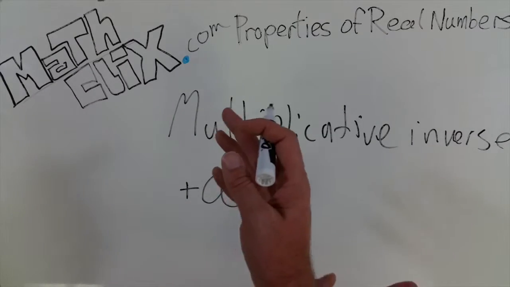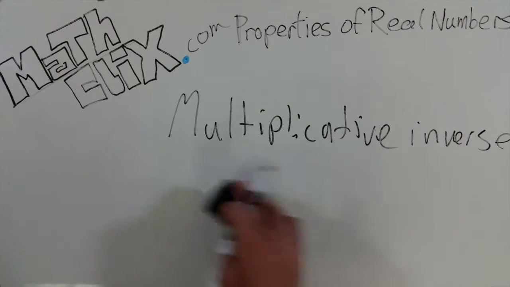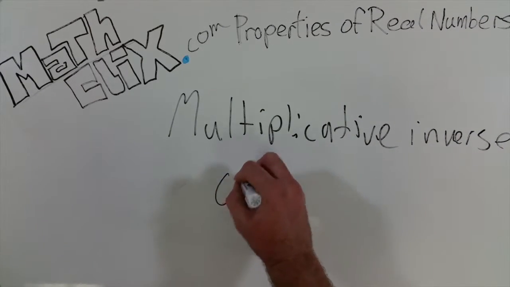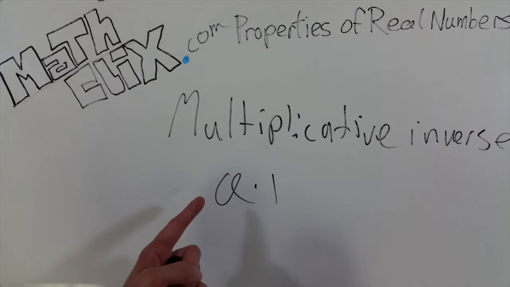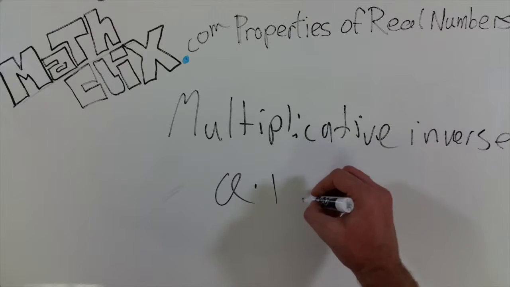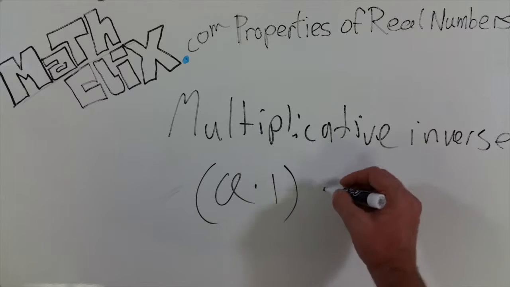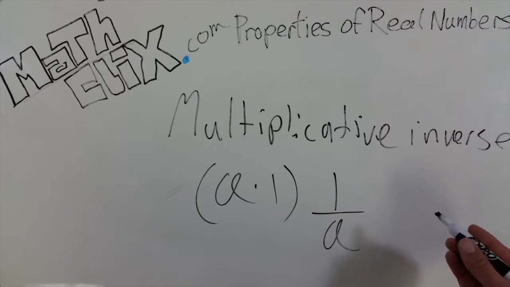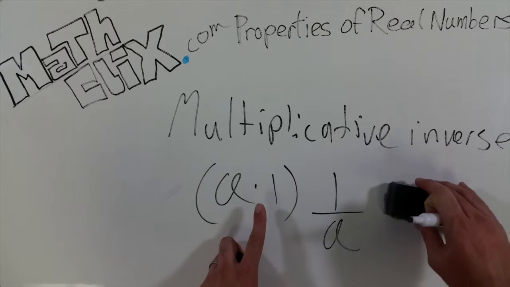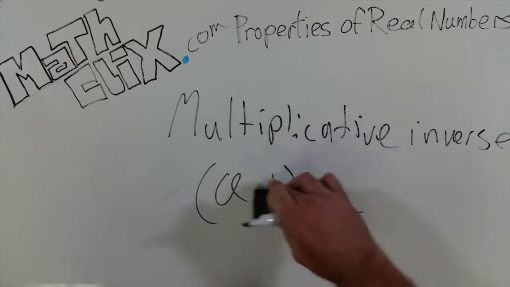You did the opposite. So the multiplicative inverse is, if I multiply this a by 1, right? And then I multiply that by a 1 divided by a, well, these 1's cancel out.